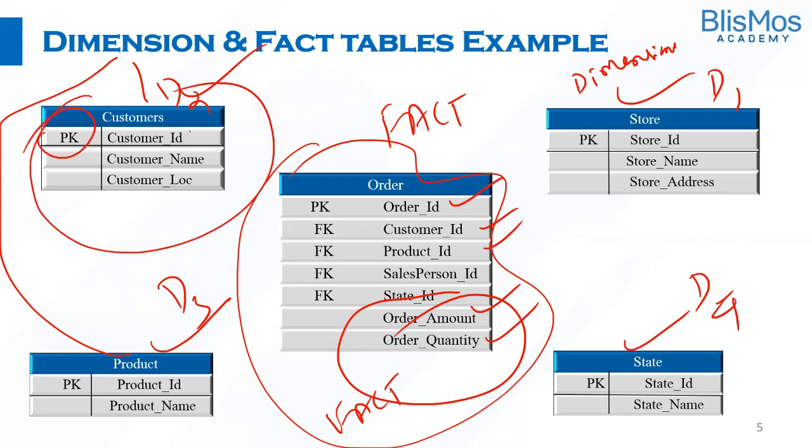Like customers has a customer ID as a primary key, product has a product ID as a primary key. So the primary key of these individual dimension tables would become a foreign key of the fact table. That way, depending on the analysis we are trying to do, we can always join the relevant tables and try to get our information.